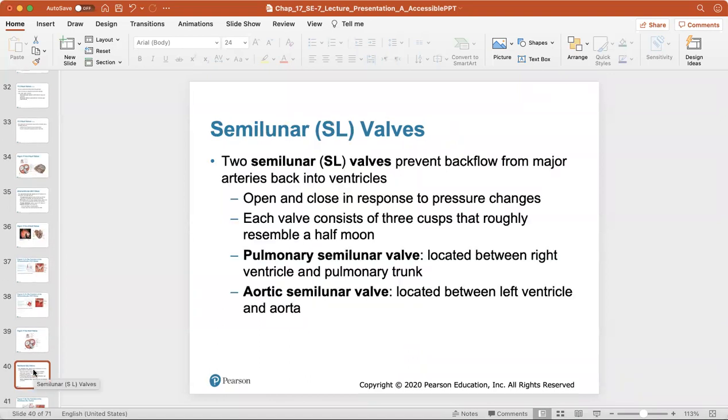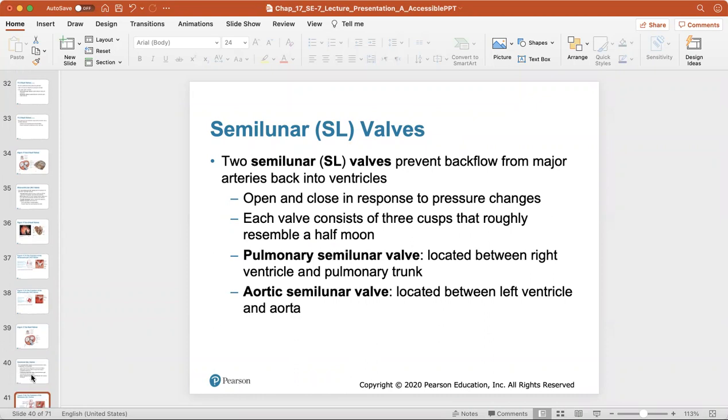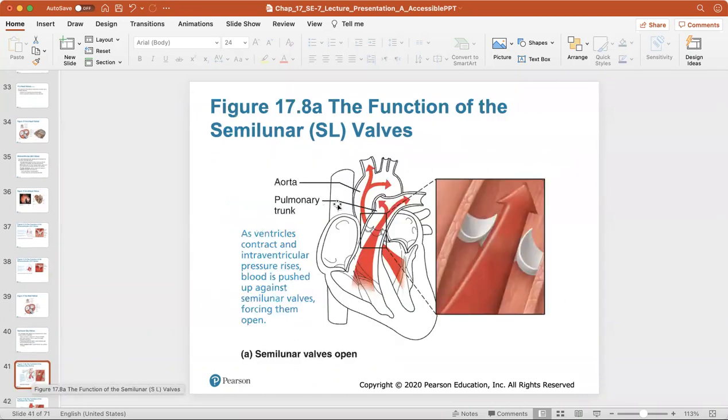Here are the semilunar valves, which prevent backflow from the major arteries, the pulmonary trunk and the aorta, back into the ventricles. So review where they are located. As ventricles contract and the intraventricular pressure rises, blood will be pushed up against the semilunar valves, forcing them to open.